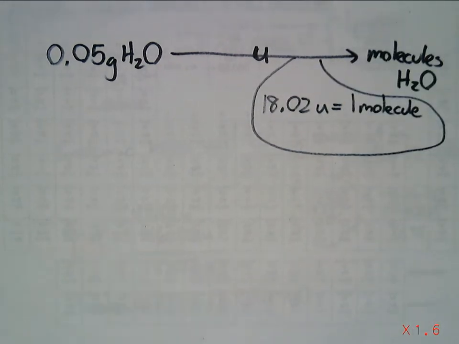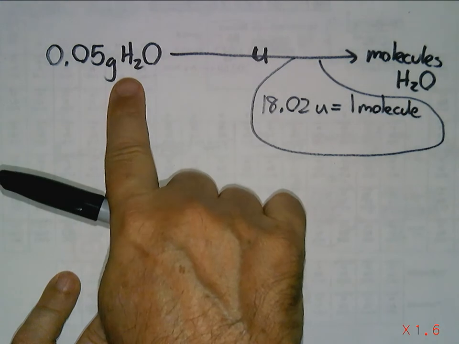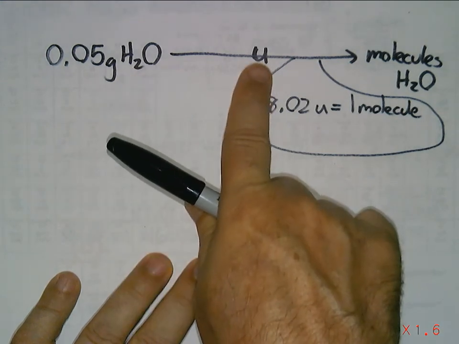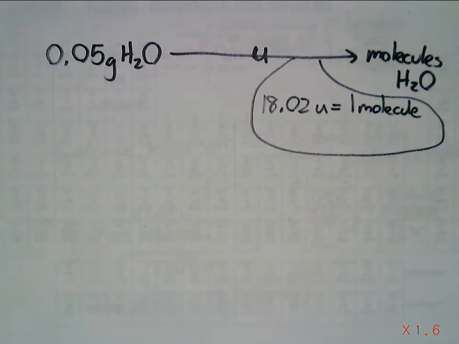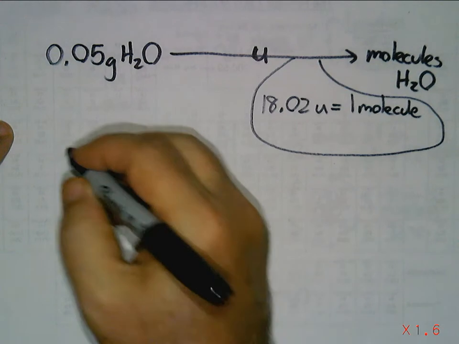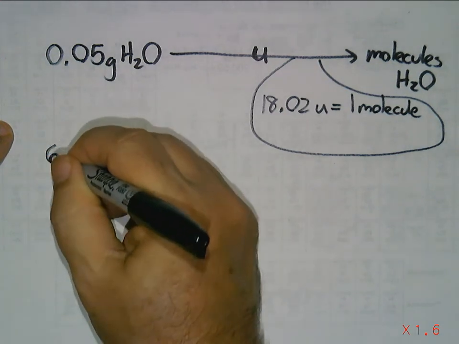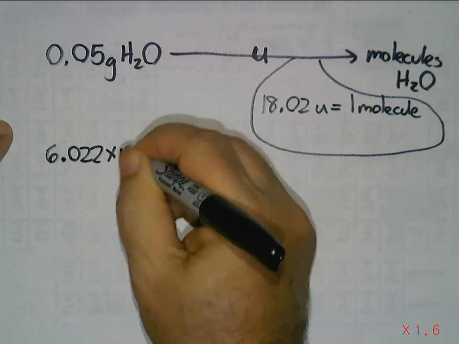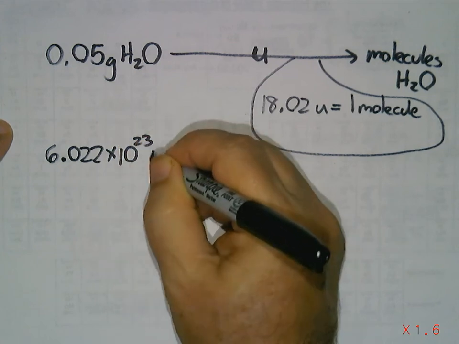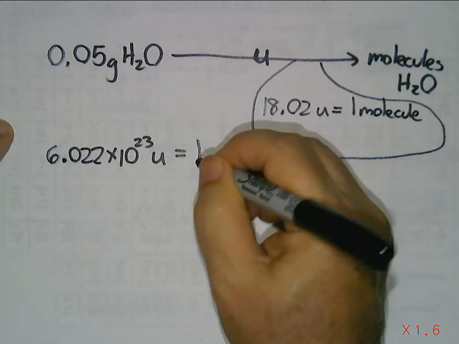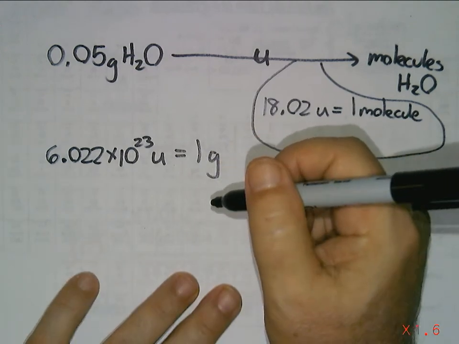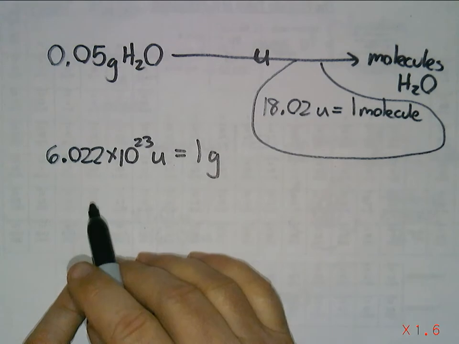Now I'm missing a link here. How many grams are there in a U, or how many U are there in a gram? And we get a kind of strange number when we look at the conversion factor. You may instantly recognize this if you've had any high school chemistry at all. That number will jump off the page at you.